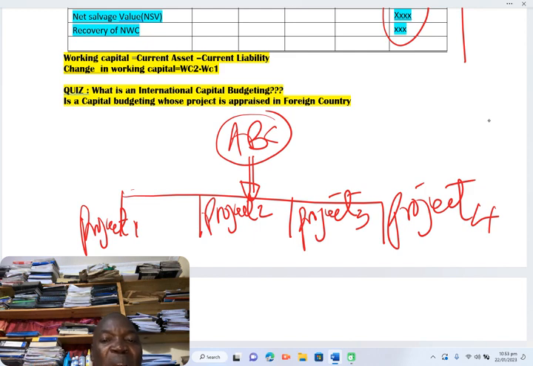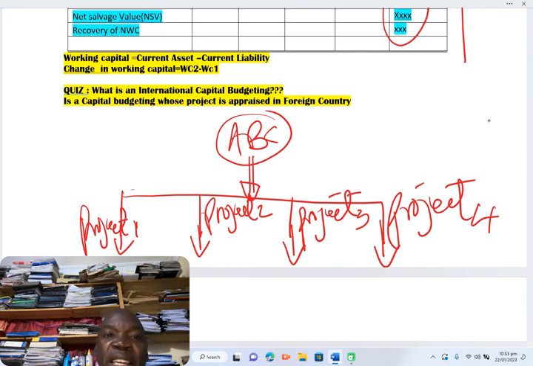Once they are viable, then you rank them based on different criteria. Remember, we have strategic projects, but then we have to think whether those strategic projects are worth taking.